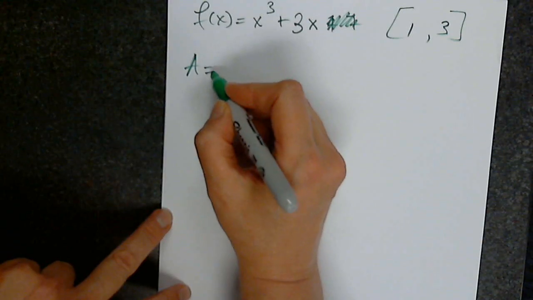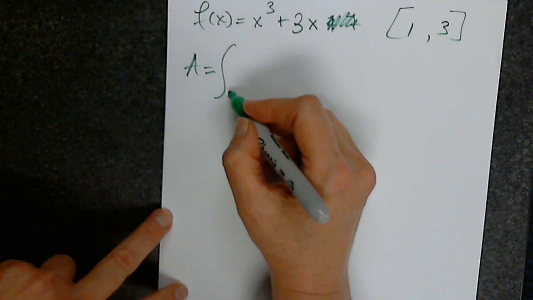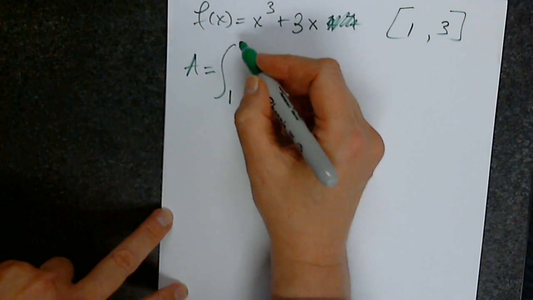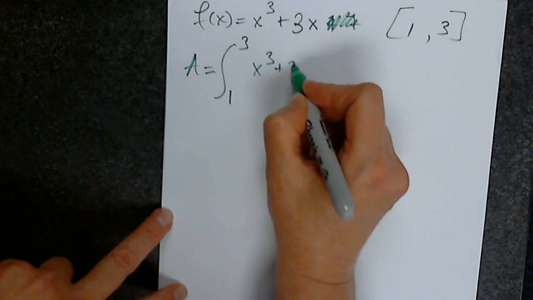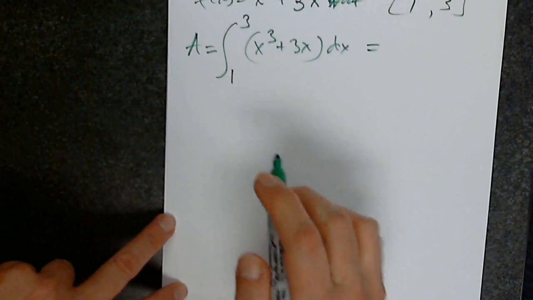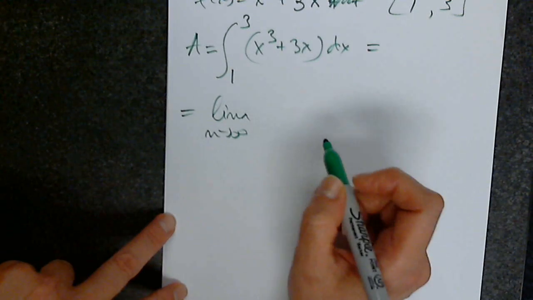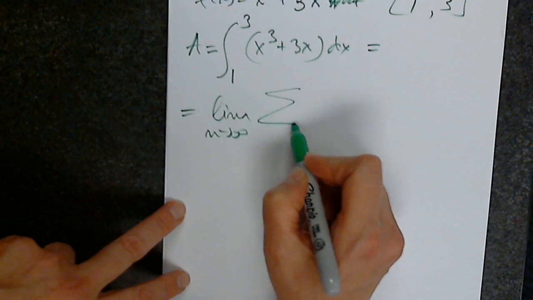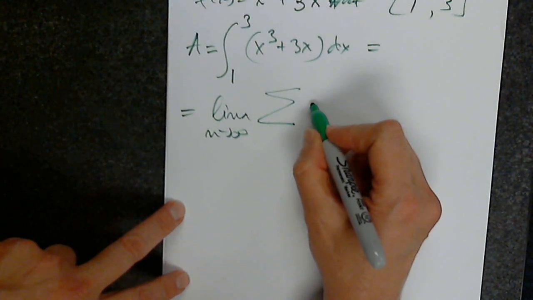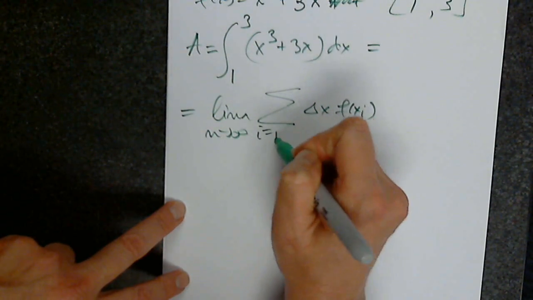So we know that the area, which we can check, is the integral from 1 to 3 of x to the third plus 3x dx, which we will check later. But what I'm trying to determine is the limit as n approaches infinity of the sum of delta x f of xi from i equals 1 through n.